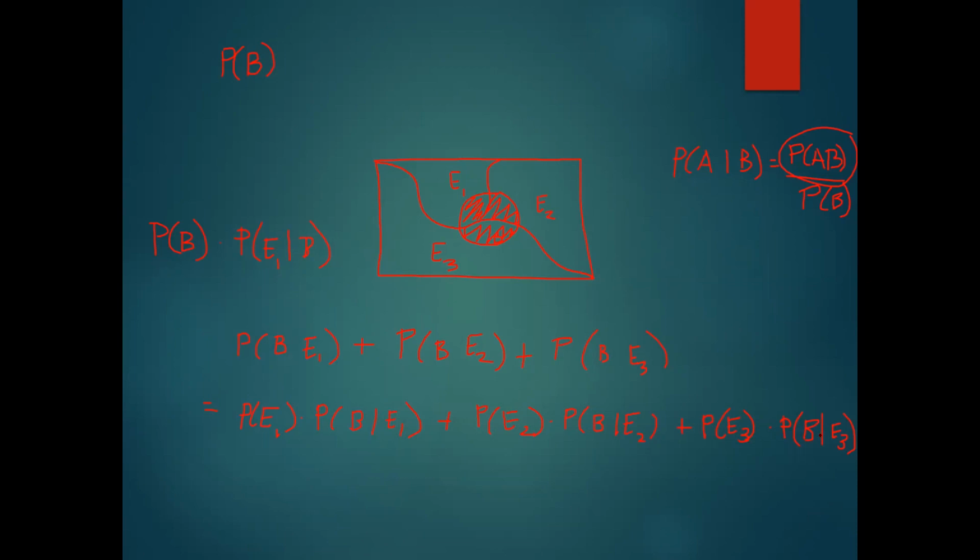Now, once you have that, this is now what you call the law of total probability.